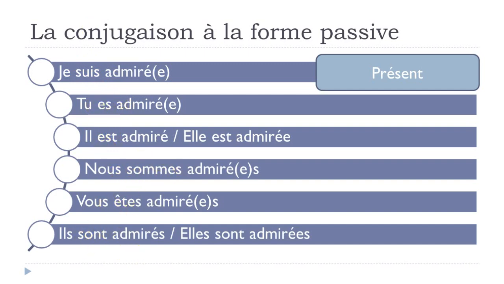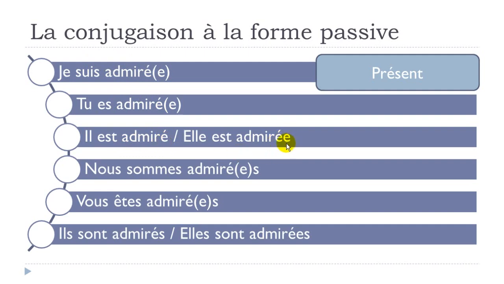Alright, well, if we are really honest, then we can say that the participe passé form here is changing as well, because if you have a look here, it's written admiré, and then here you just add this e.